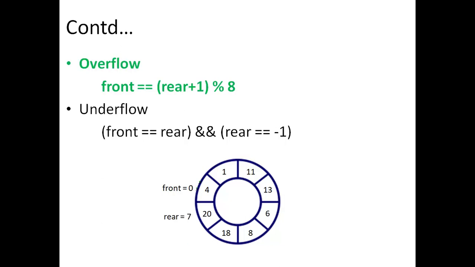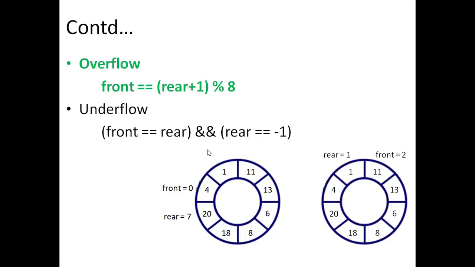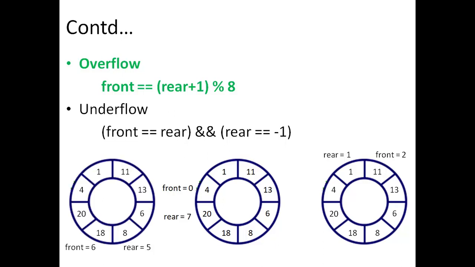And now we have reached the overflow state, and hence the equation front equals (rear plus 1) modulus 8 gets satisfied. The positions of front and rear pointers may be any, as is shown in the two figures at left and right hand sides.